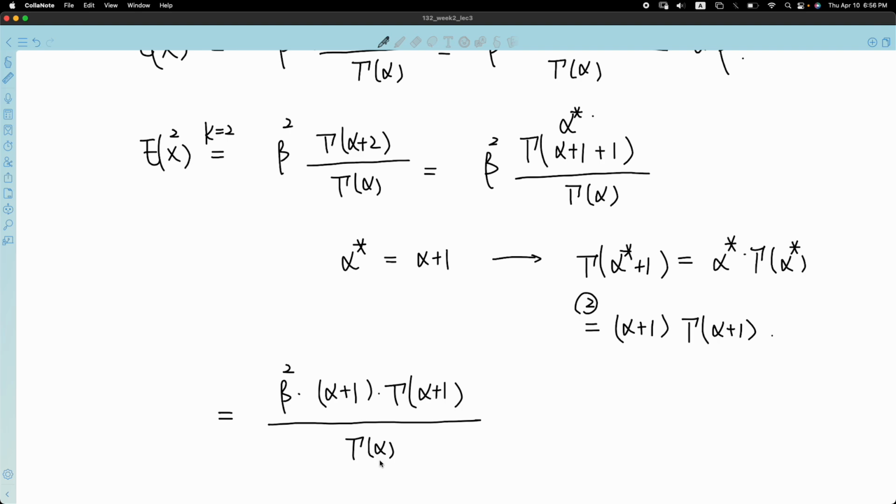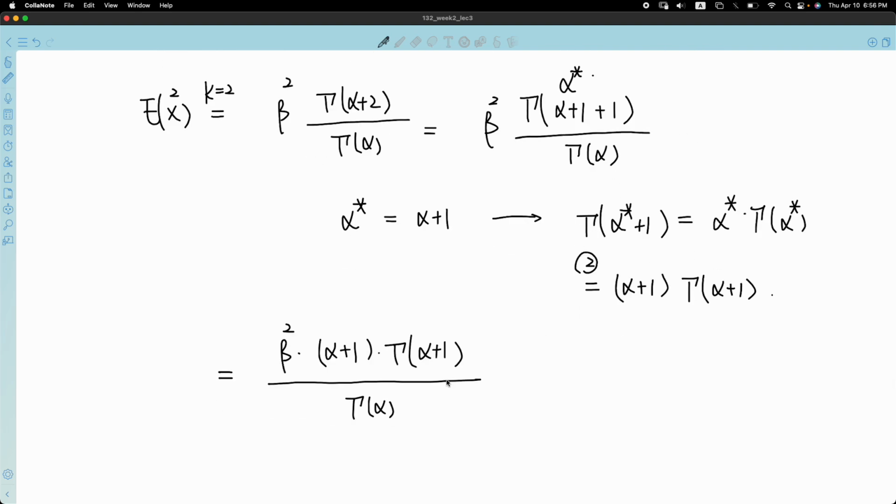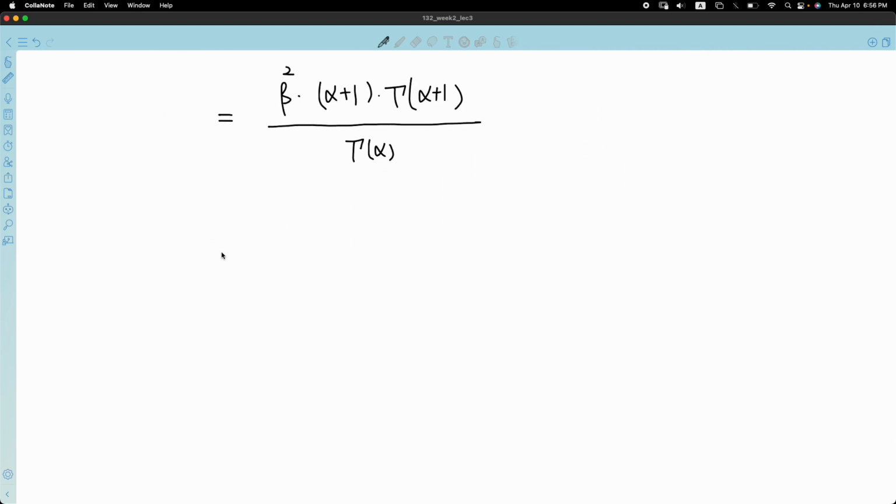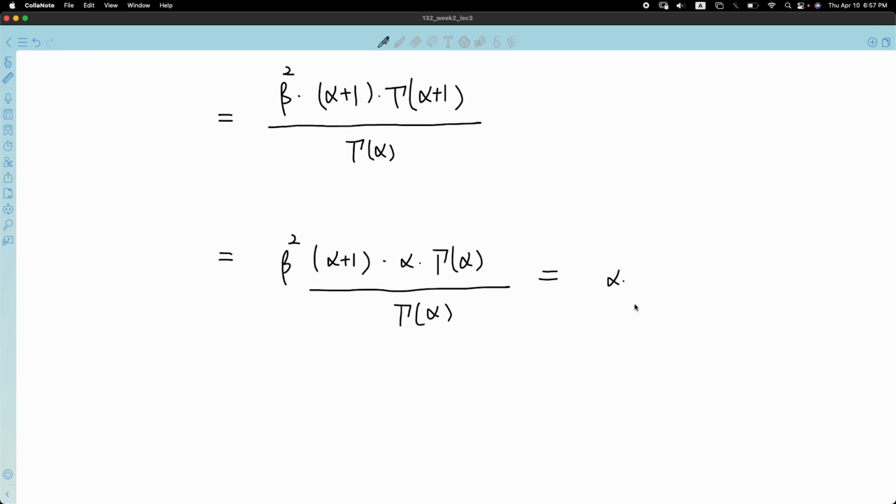Let me finish this line real quick. So it is beta squared times alpha plus 1 times alpha, multiplied by that divided by that. So alpha beta squared times alpha plus 1. That's the second moment for the gamma random variable.